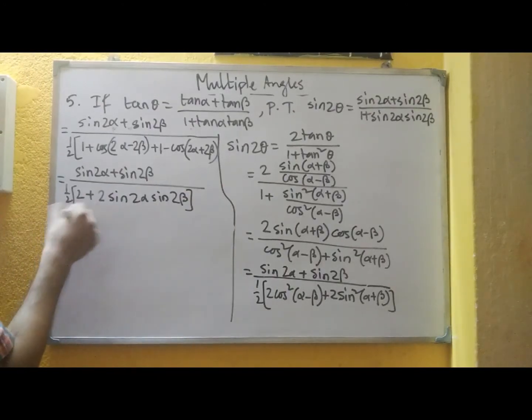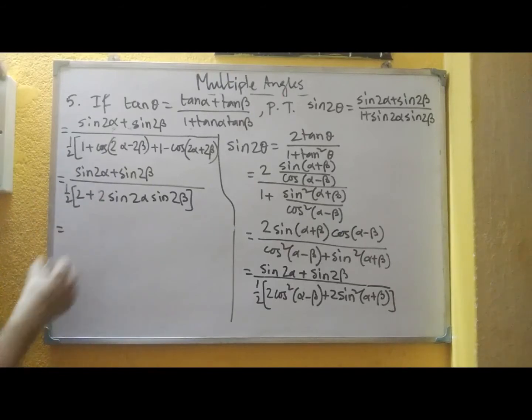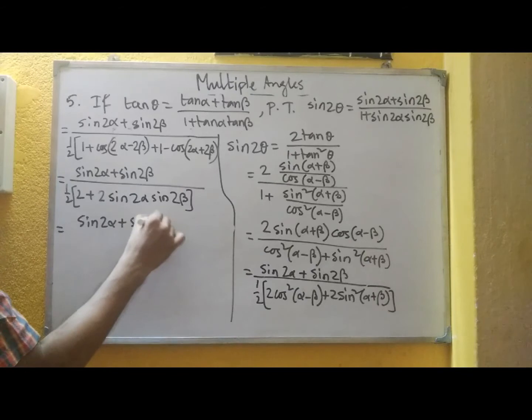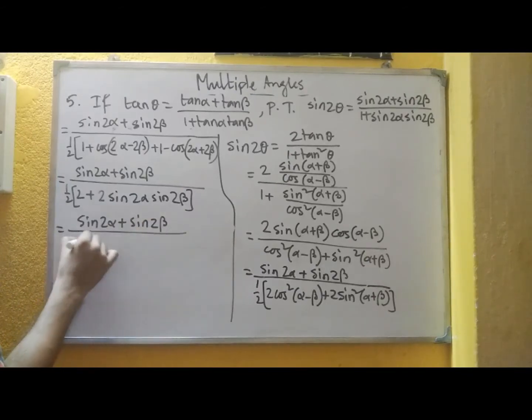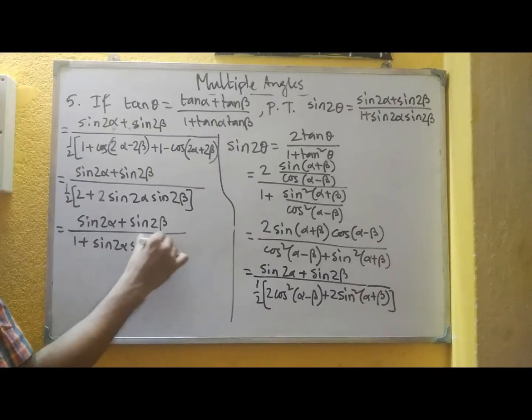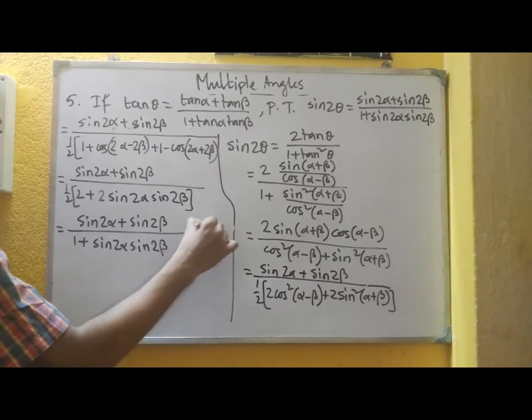After simplifying this, after cancelling the half into 2 factors, you can write the expression as sin 2 alpha plus sin 2 beta divided by 1 plus sin 2 alpha sin 2 beta, as required. So it is proved.